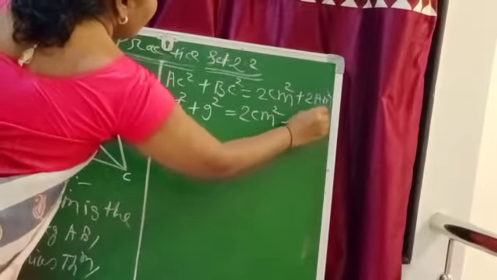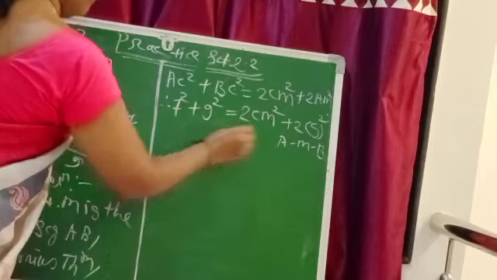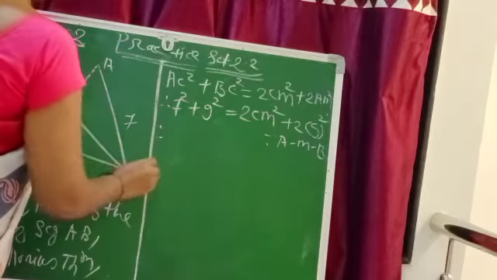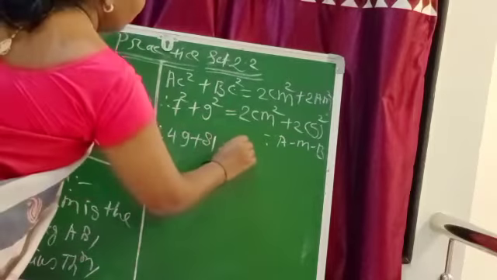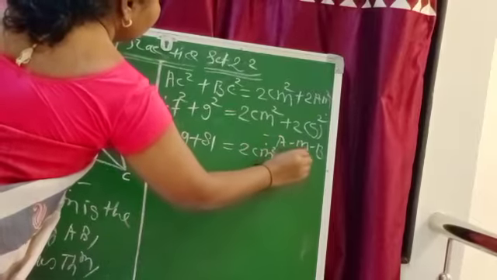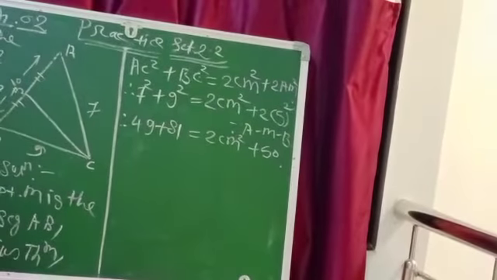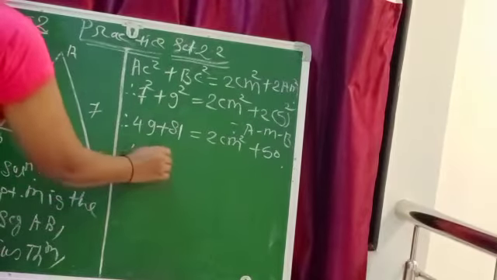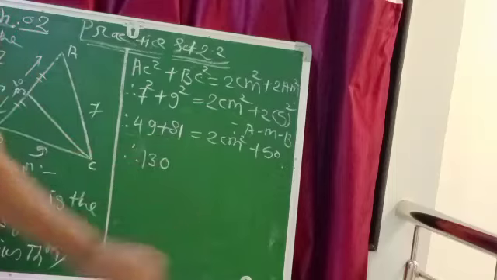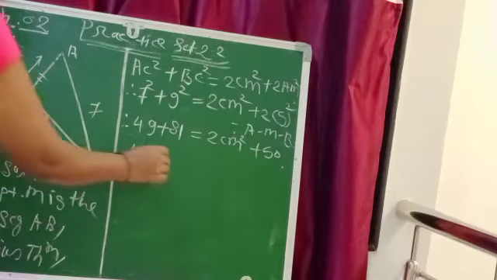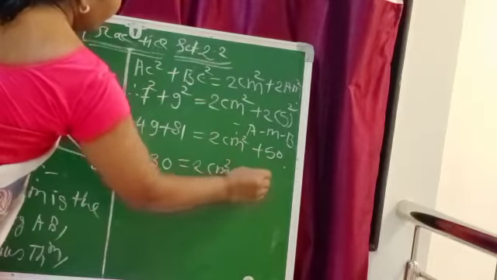So 2 into 5 square. 7 square is 49 plus 81 is equal to twice CM square plus 2 into 25, which is 50. 49 plus 81 is 130, so 130 is equal to 2 CM square plus 50.